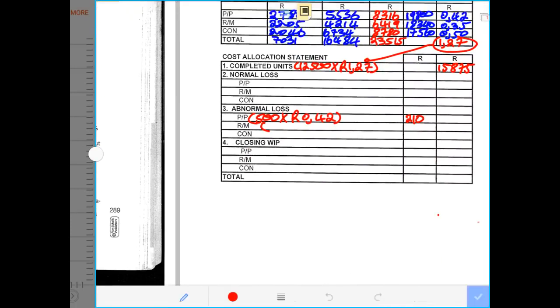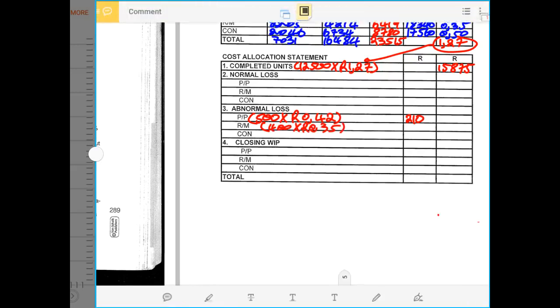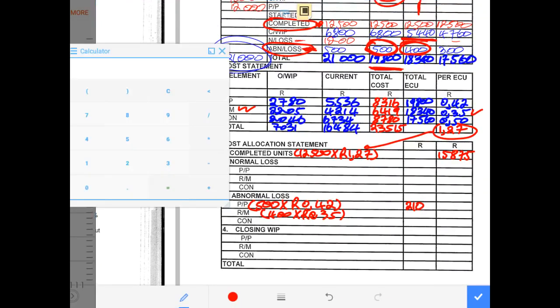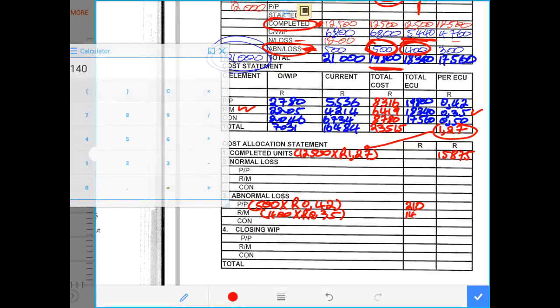Then we say 400. We multiply that by the raw material cost per unit, and the raw material cost per unit is 35 rands. Here the raw material cost per unit is 35 rands under the raw material. Then after we multiply the two, we say 0.35 times 400, and it gives us 140 rands.